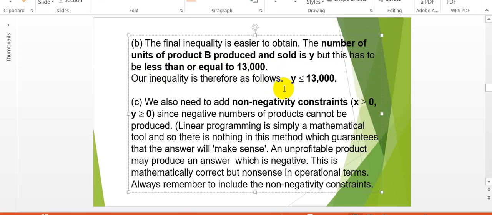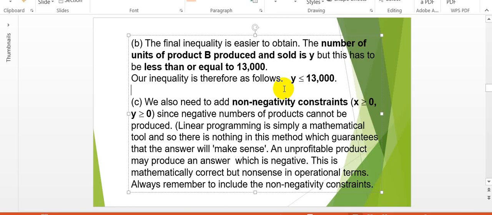Then we also have the non-negativity constraints. These you will never be given in the question, but if you do not bring them out under the constraints, it will cost you marks. You cannot produce less than zero of a product.